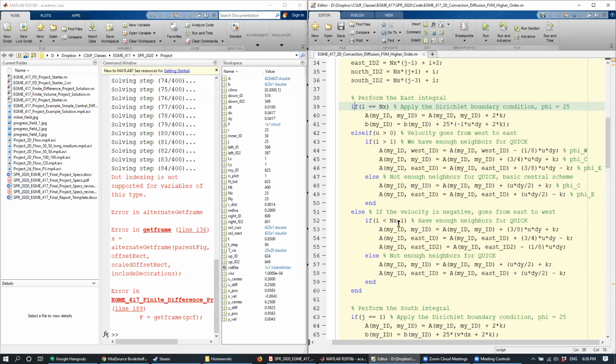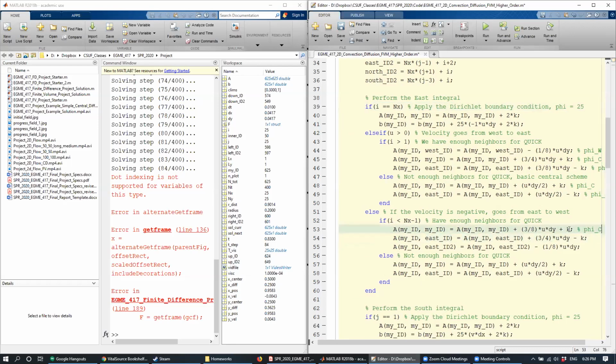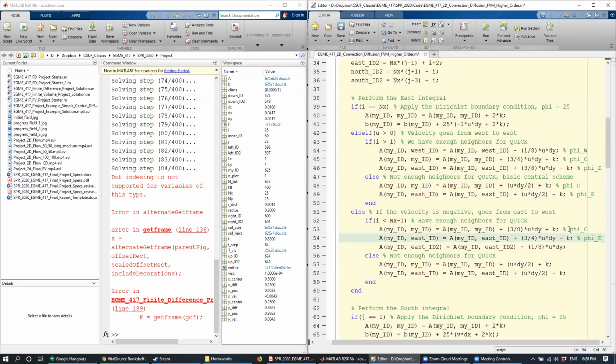Then we have to have a coefficient for phi sub C. We need a coefficient for phi sub big E. And then since our velocity goes from right to left, we're going to implicate our neighbor that's 2 away on the east. So this is going to be phi 2E.